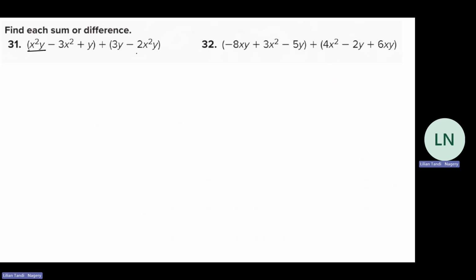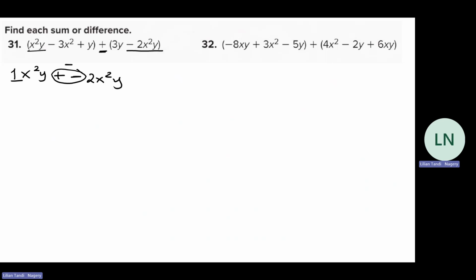Okay. x squared y is friends with negative 2x squared y, and I am adding. So x squared y is 1, because there's no number here, I'll put 1 plus negative 2x squared y. This becomes minus.